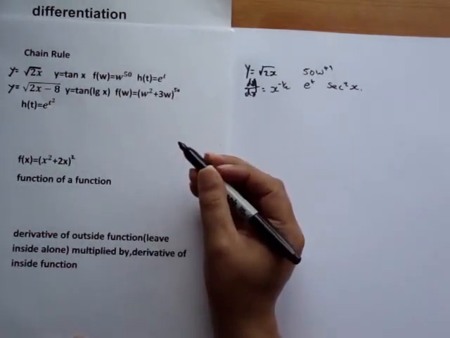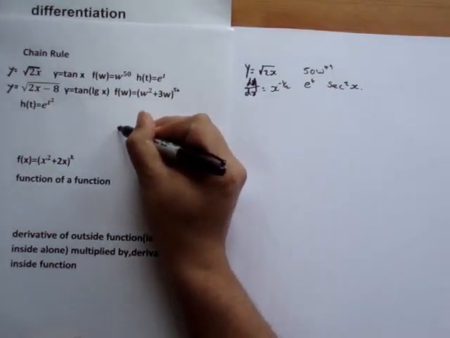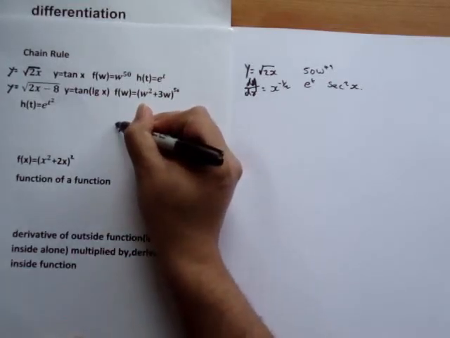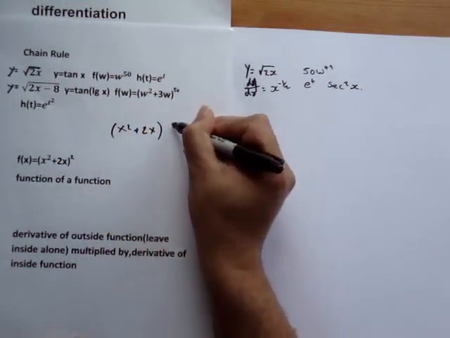Well, we can expand. So we have x squared plus 2x times x squared plus 2x.